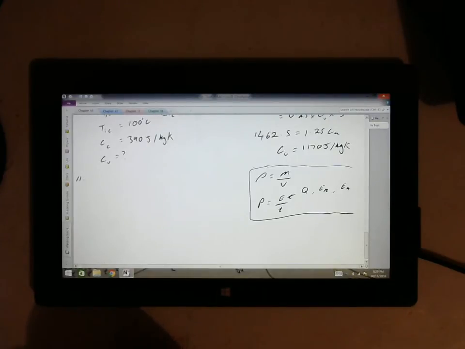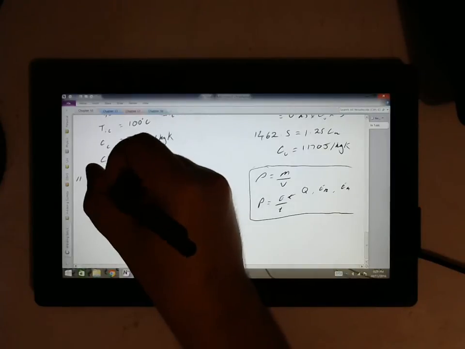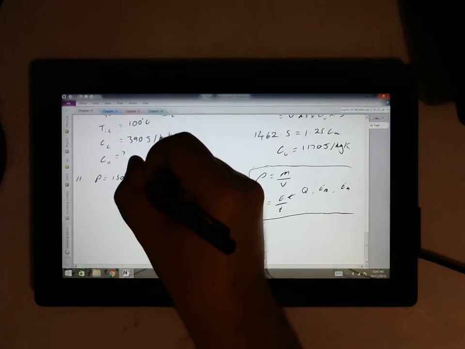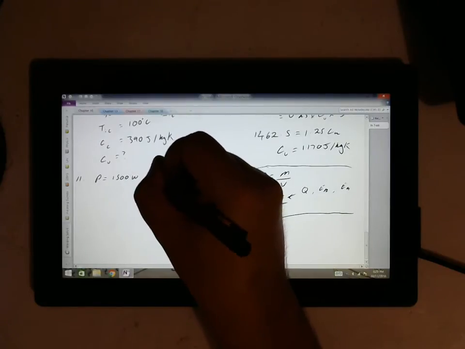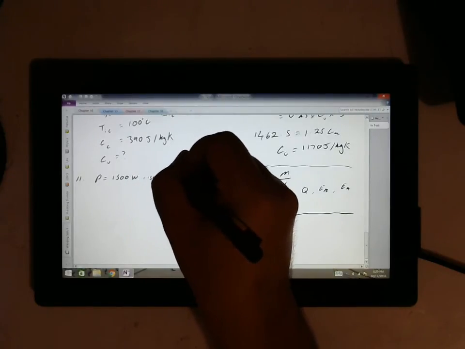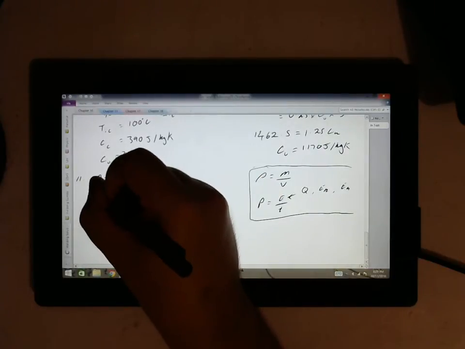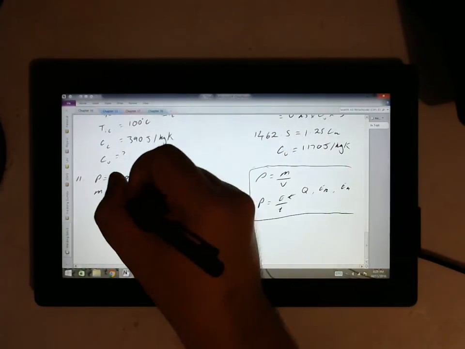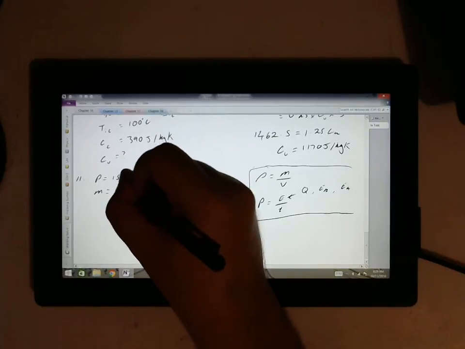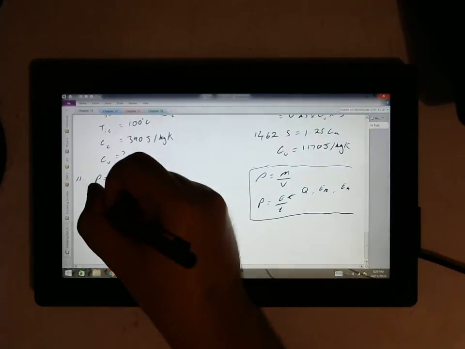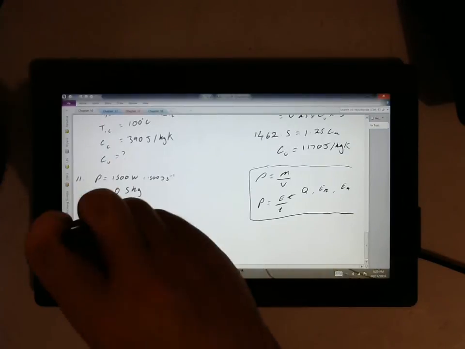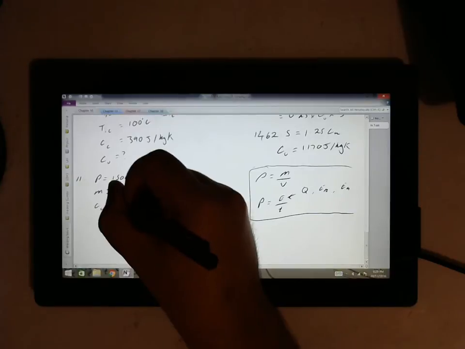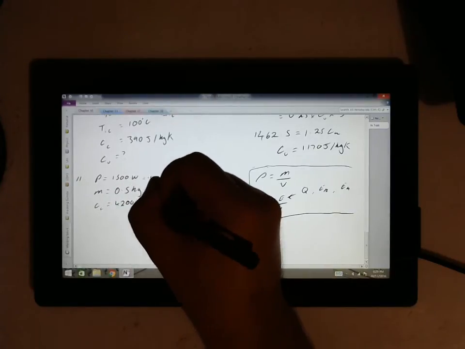Let's look at our variables. We're told that the power is equal to 1500 watts, or 1500 joules per second. We are told that the volume was 500 milliliters, so the mass is going to be 0.5 kilograms. We know it's water, so the specific heat capacity of water equals 4,200 joules per kilogram Kelvin.